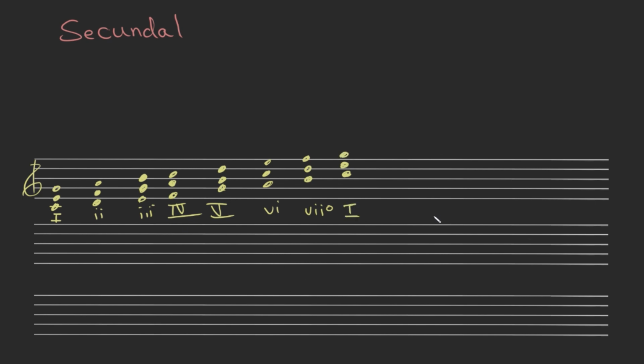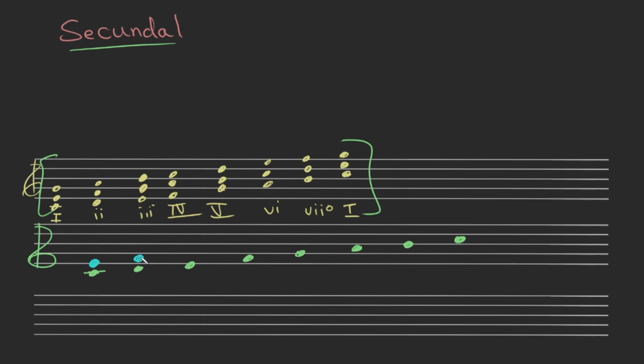We saw this many videos ago, but this will hold true to how we can start making secundal chords that work well together. Using this logic, let's do the same thing. We'll stay in treble clef, we'll stay in C major, and we're going to write another C scale: C, D, E, F, G, A, B, C. You can do this with any major scale you want to get the same results.